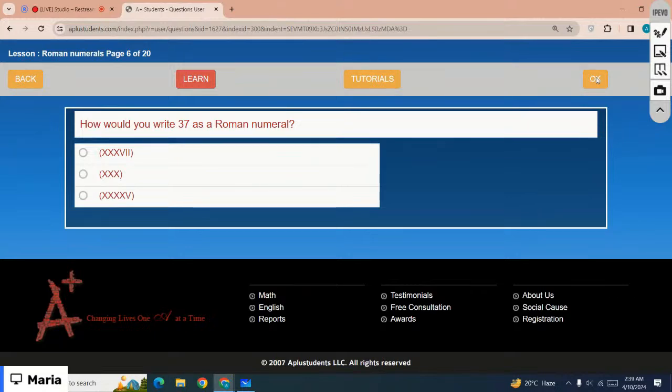How would you write 37 as a Roman numeral? Which is the correct option? Thirty and 7, right? Option number 1 is the correct option. Got it?